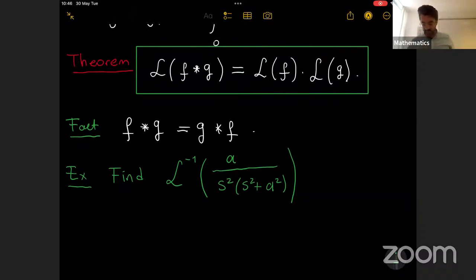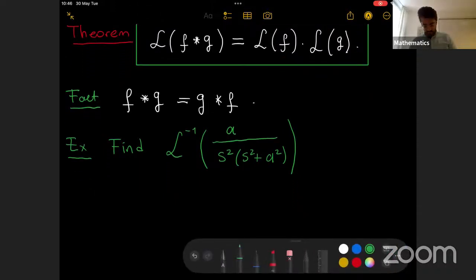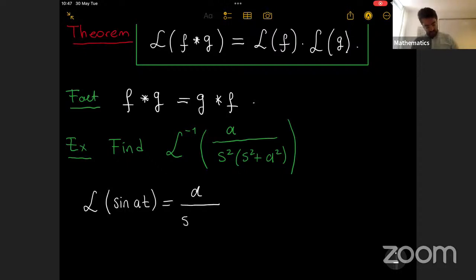But the easier way here is, since we know that the Laplace of sine at is a over s square plus a square, so it is this one, right? And we multiply this with 1 over s square.